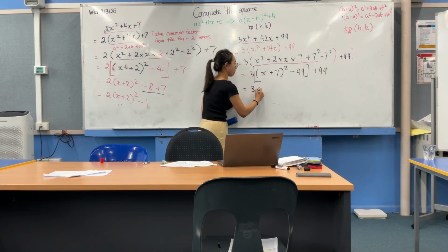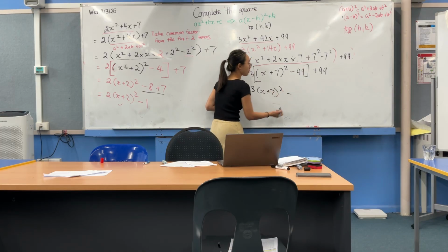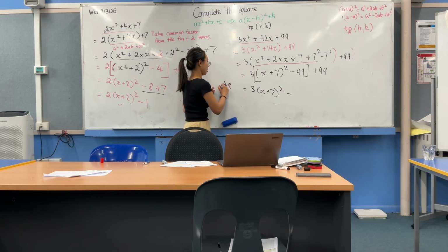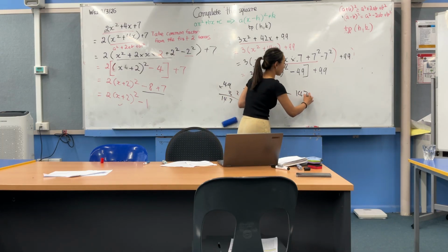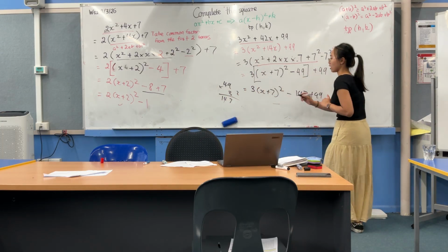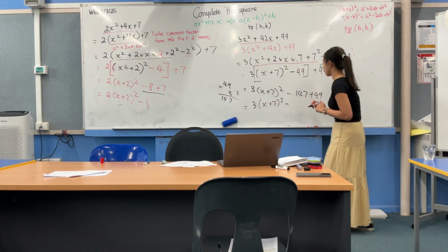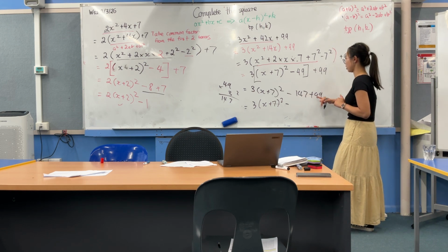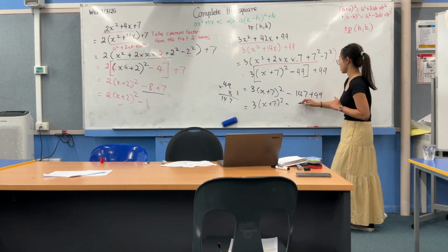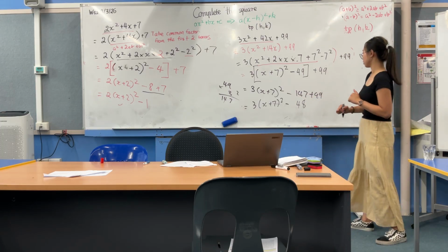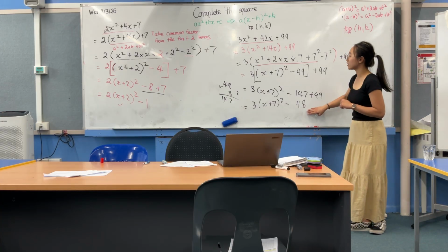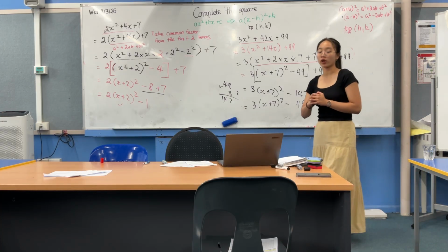We got 3(x plus 7) to the power 2, minus 49 times 3, that would be 147, plus 99. Now complete it. 3(x plus 7) to the power 2 minus 147 plus 99. You're going to have negative 48. That's the answer.